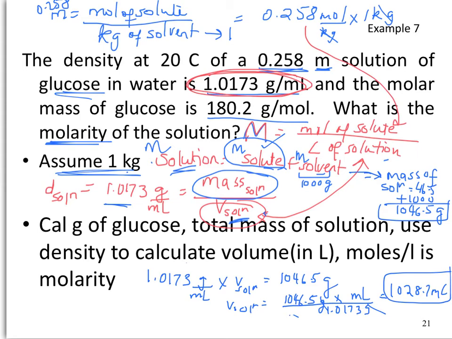So I'm going to just plug that number into my equation. Just make sure that it's entered as liters. So I must divide this number by 1000 before I plug in the number and determine molarity. And that's about it. So let's calculate that as well.